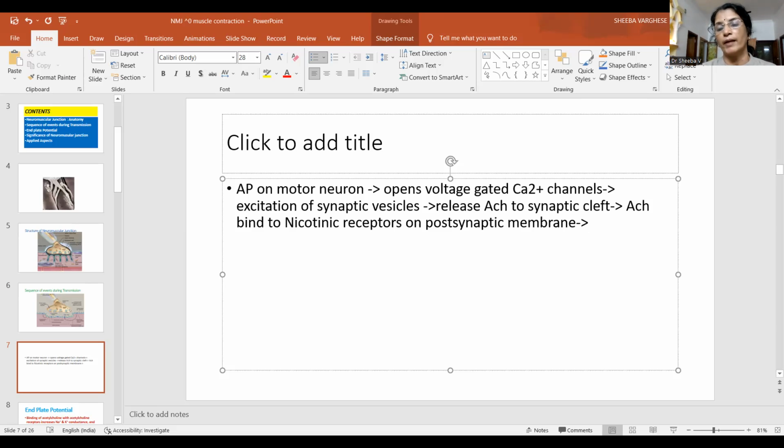When acetylcholine binds to the postsynaptic receptors, this opens the voltage gated sodium channels, and sodium influx occurs.